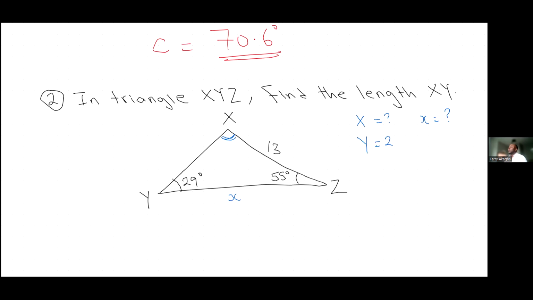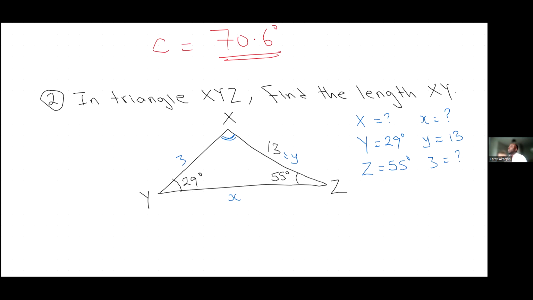Side Y is directly facing the angle, so side Y is equal to 13. Angle Z was given to be 55 degrees. Side Z, or small letter z, is this part here, and was not given.